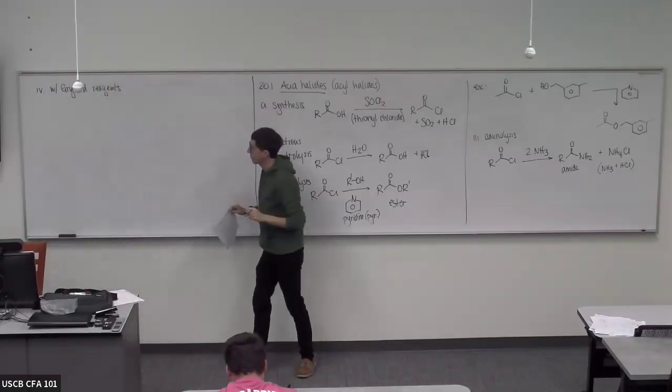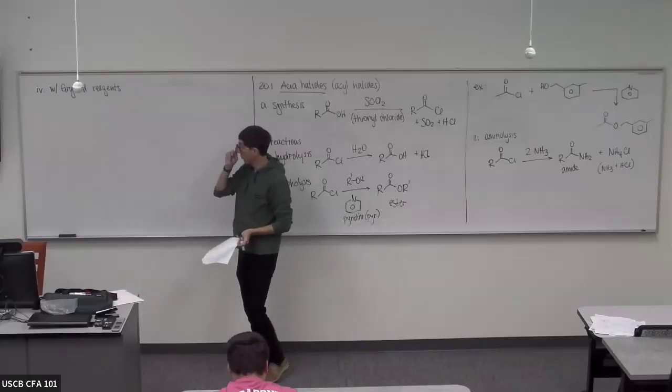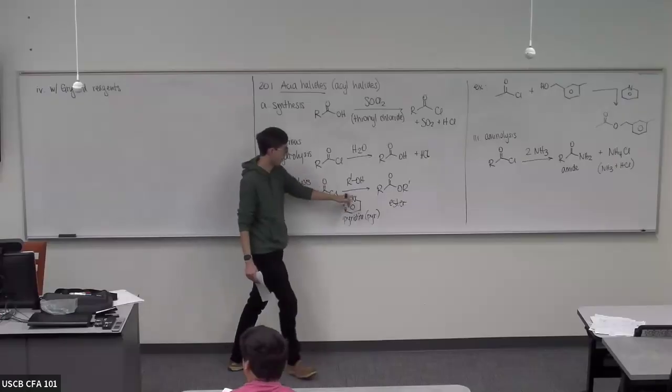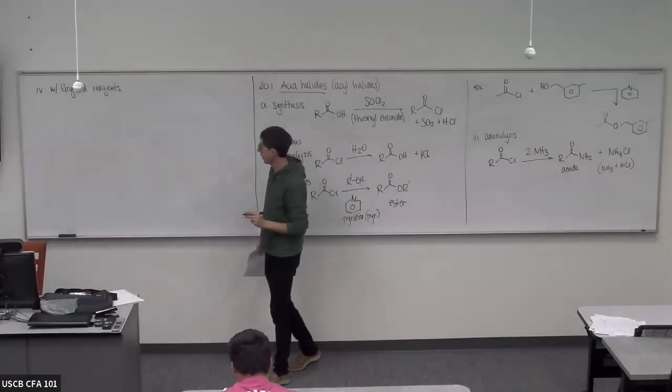A common trend in this chapter is you can treat a lot of things with Grignard reagents, because all of these different functional groups have carbonyls, and Grignard reagents like carbonyls.